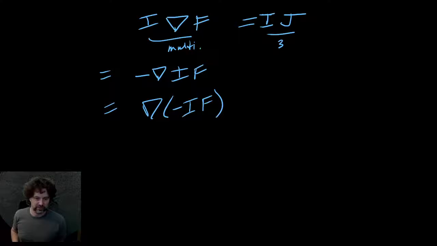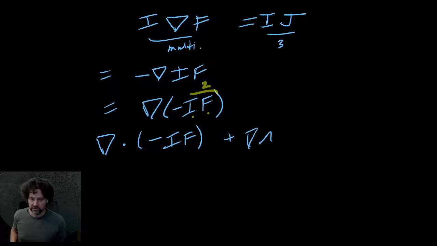And in particular, we can now decompose this and note that we have a bivector and a pseudoscalar, so the whole thing together is still a bivector. So we can say grad dotted with minus IF plus grad wedged with minus IF equals IJ.